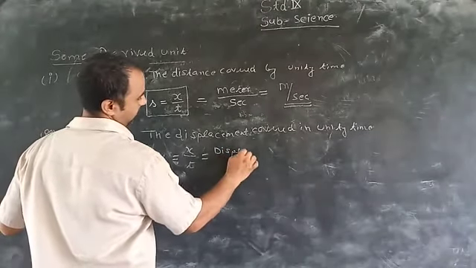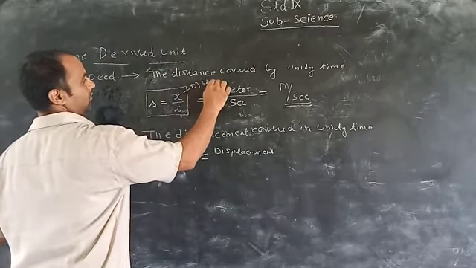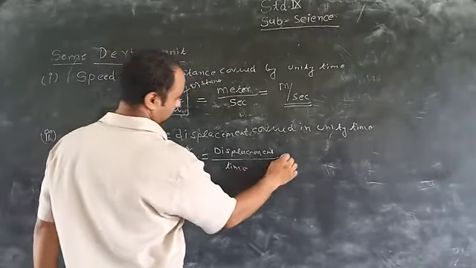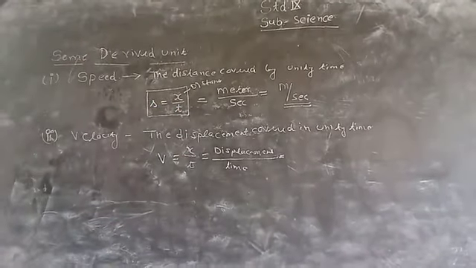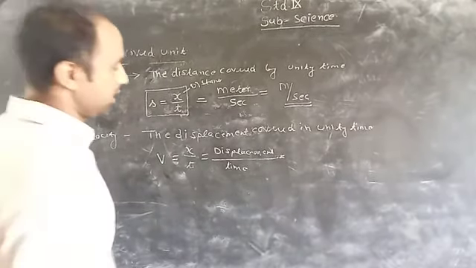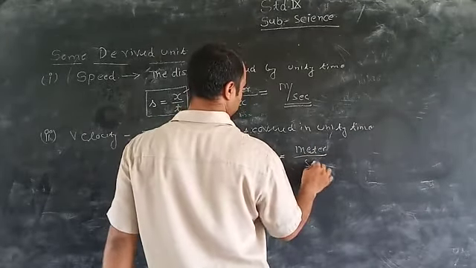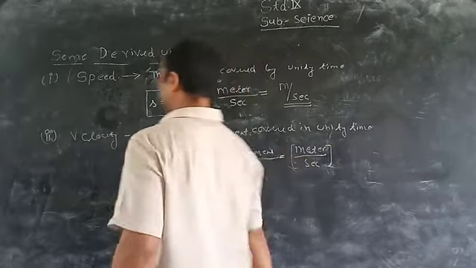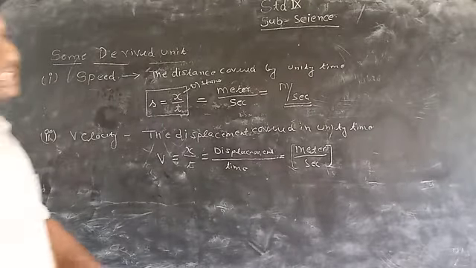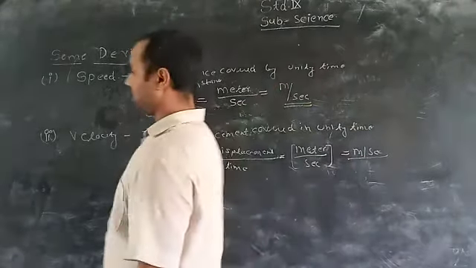And in which unit is x represented? The fundamental quantity x is represented in meter, and time is measured in seconds, so the unit of velocity is meter per second. This is the basic concept.